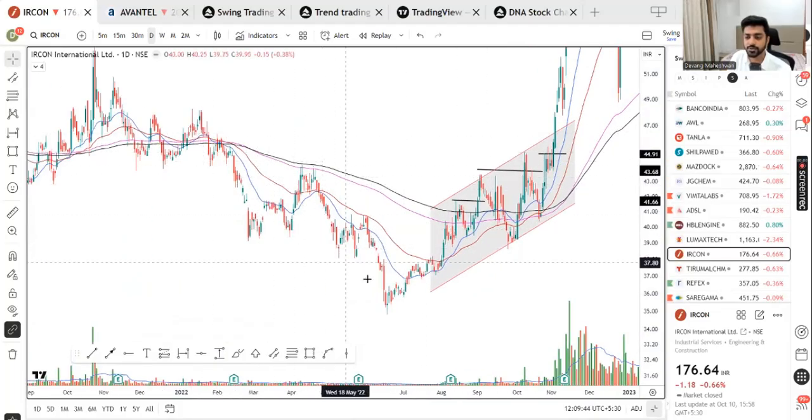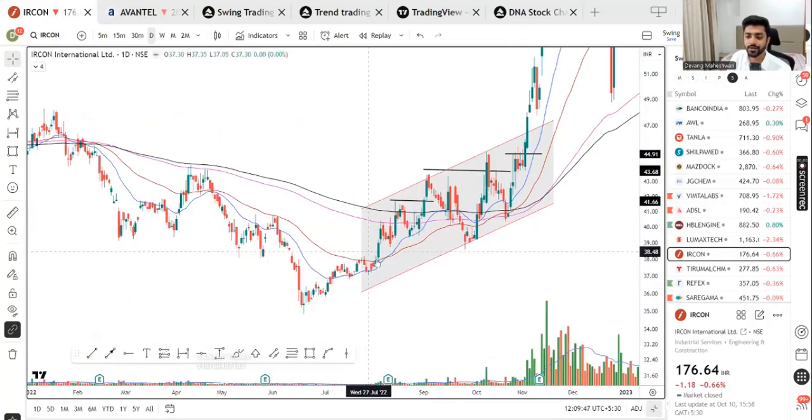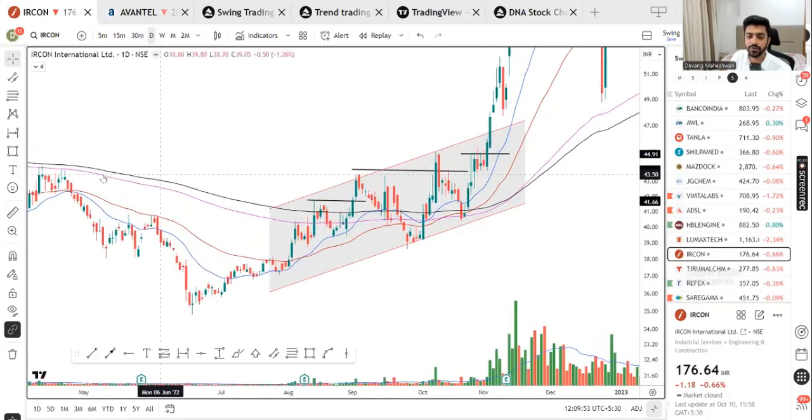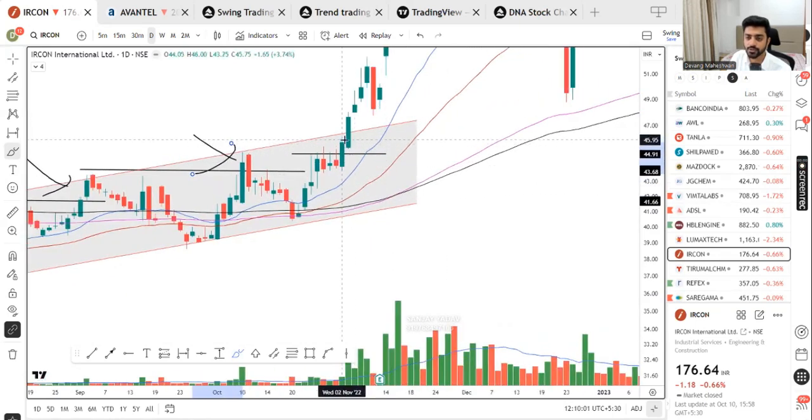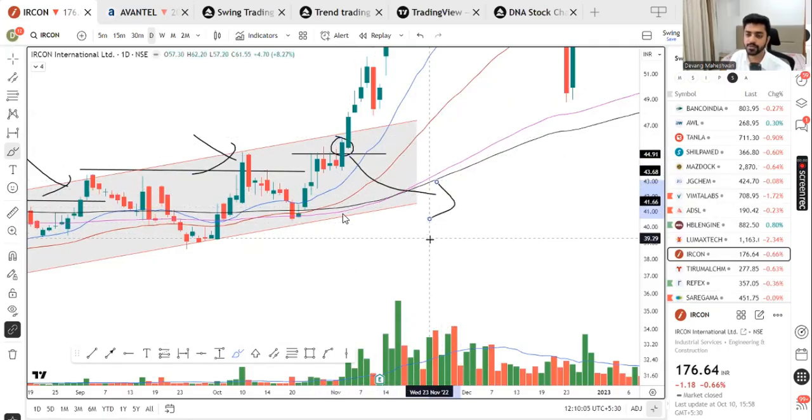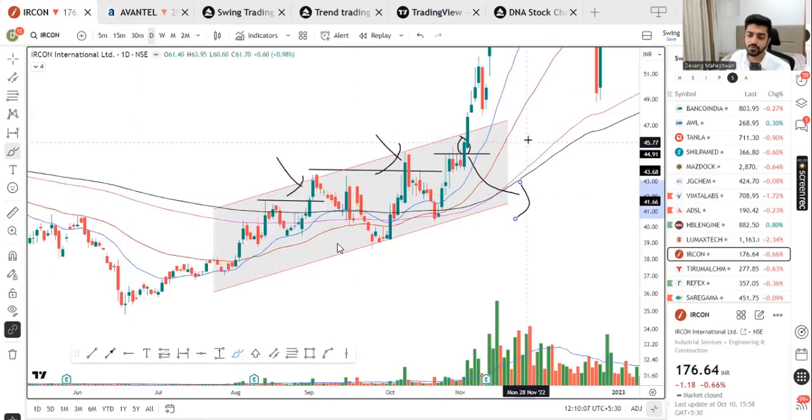This was stage 4, completely declining. Here it started making an upward movement, a higher low, but all the breakouts were failing back to back. You have this breakout failure here, and this breakout failure. So is this something you would like to see? Is this a breakout of this base? This is an upslope base.